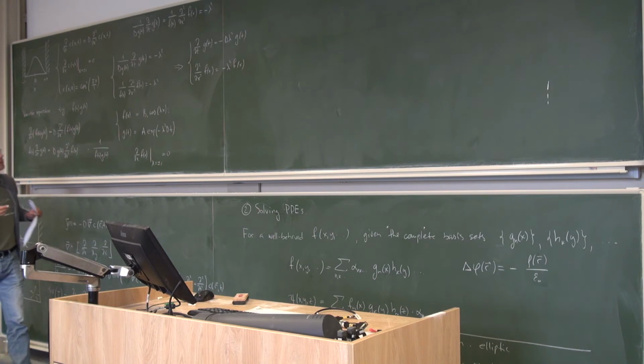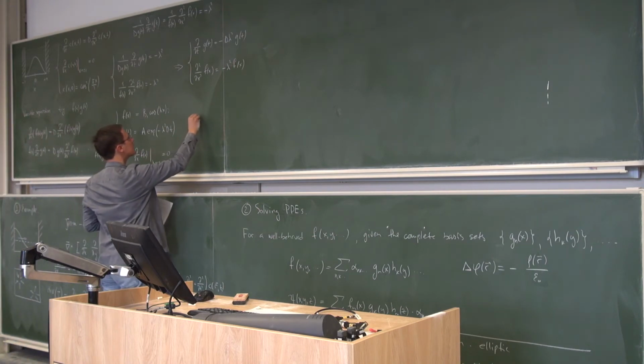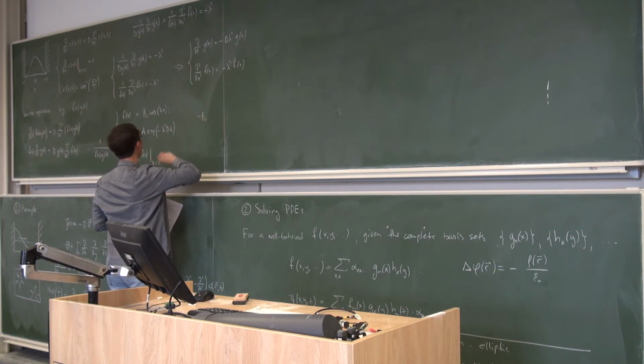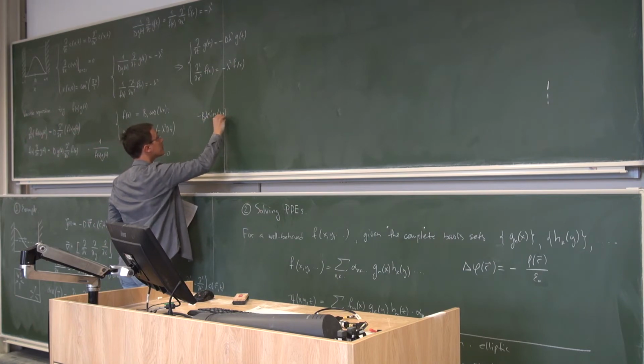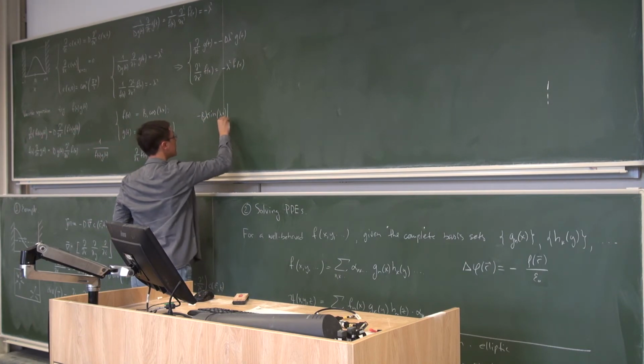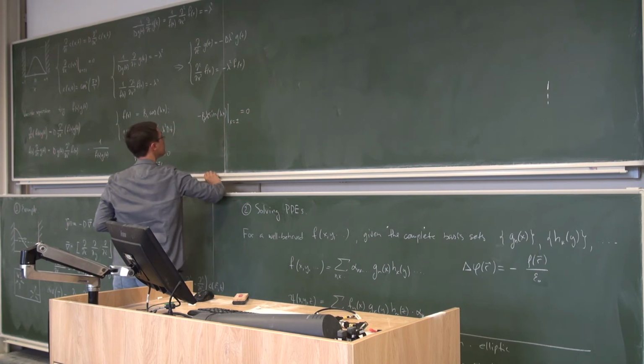Let's write that down. What we have is minus b1 lambda sine lambda x at x equals plus minus 1 must be 0.